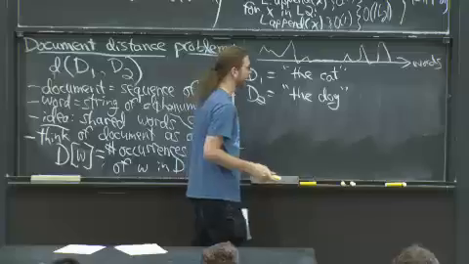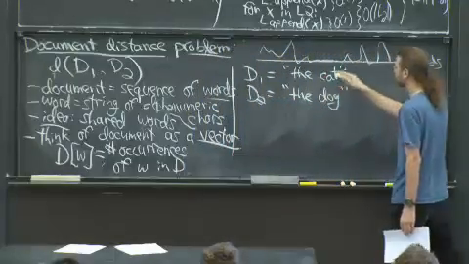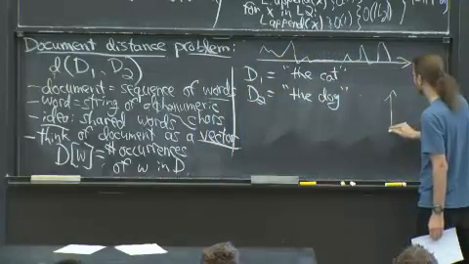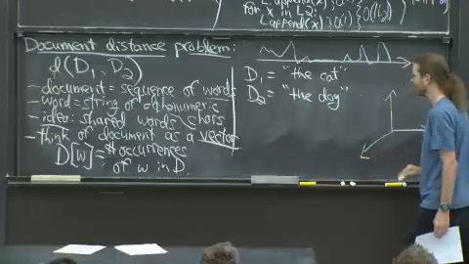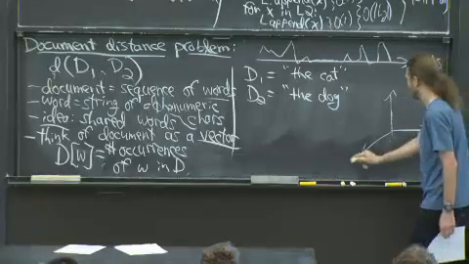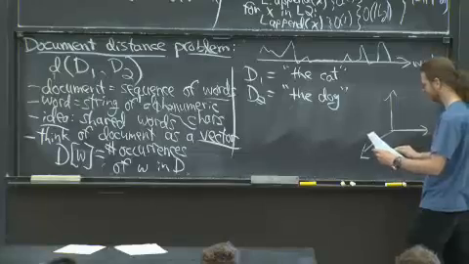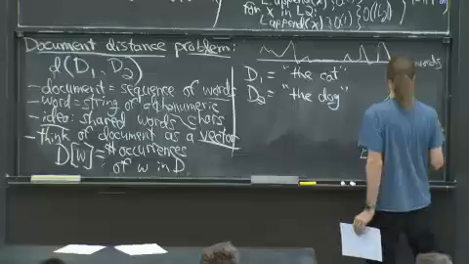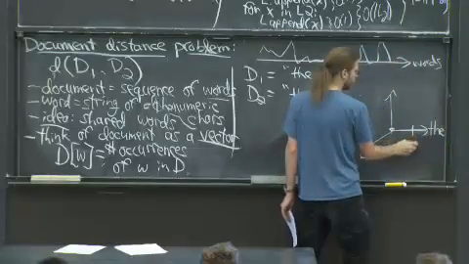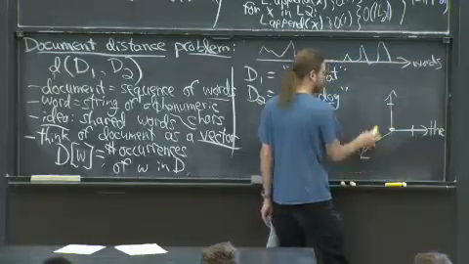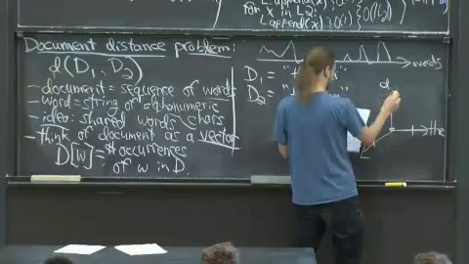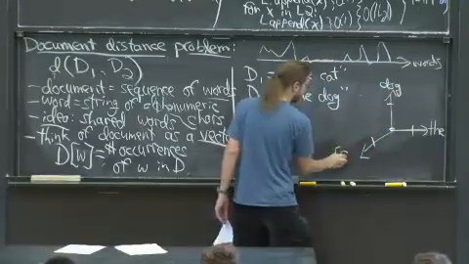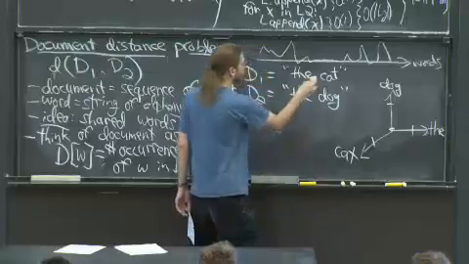These are two-word documents, and because there are only three different words here, we can draw them in 3-dimensional space. Beyond that, it's hard to draw. Let's say one axis is the, with 0 and 1 for each of the axes. Let's say this is dog, and this is cat.